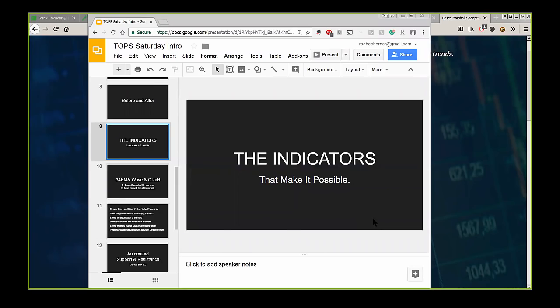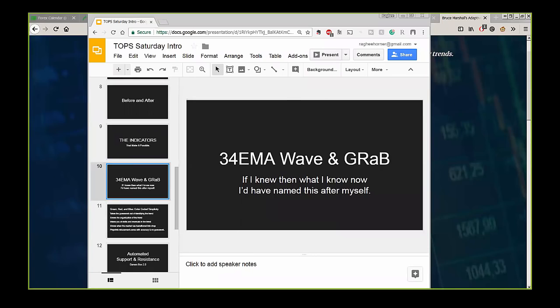So I'm going to walk through some indicator questions, but I'm going to give you guys this really Cliff Notes version of the indicator. So for those of you that don't know, TOPS is an acronym for the Obnoxious Profits System, which has nothing to do with nothing. It's just kind of funny, and it's a great acronym. So the indicators that make it possible: the 34 EMA wave and grab. Those are 3 moving averages that give you directional insight into the trend, better than trend lines, quicker than trend lines, and in a way that's about as objective as I've ever found.